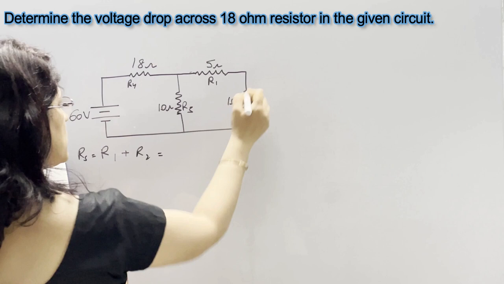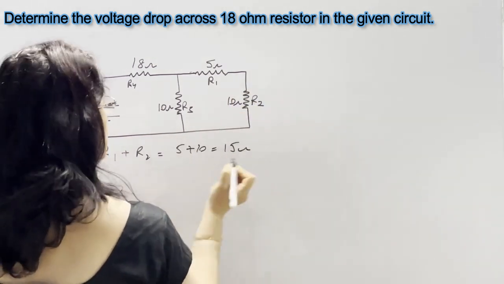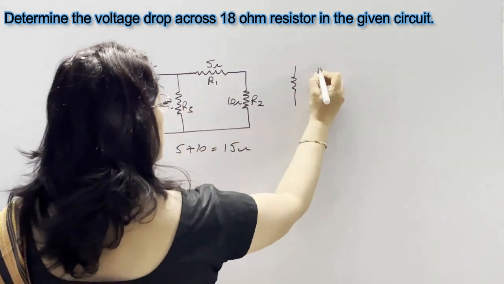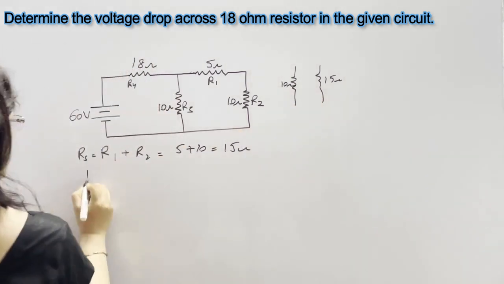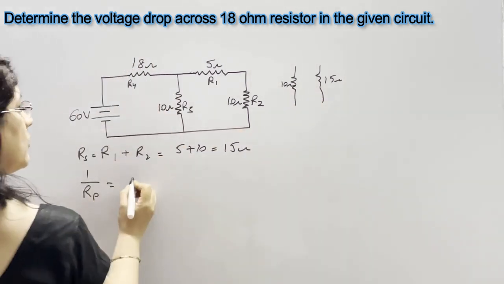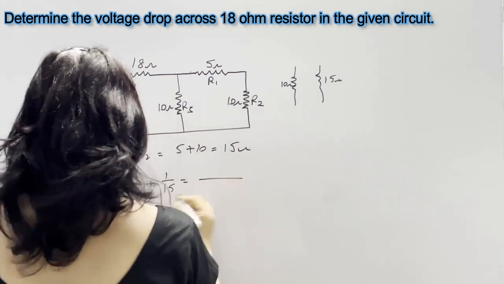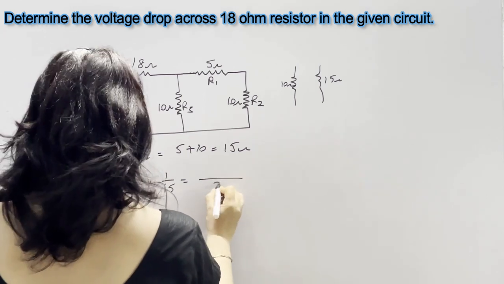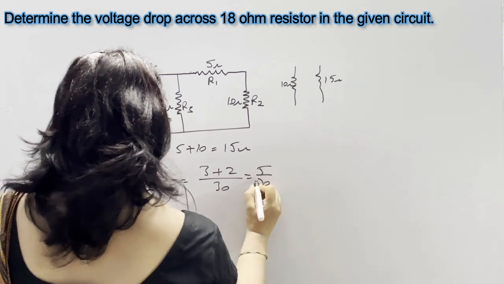So the series combination of R1 and R2 is 5 plus 10, which is 15 ohm. Now this 15 ohm is connected with this 10 and this 15. It means these are in parallel combination. So 1 upon Rp is equal to 1 upon 10 plus 1 upon 15. The LCM of 15 and 10 is 30. So 3 plus 2, 5 upon 30.